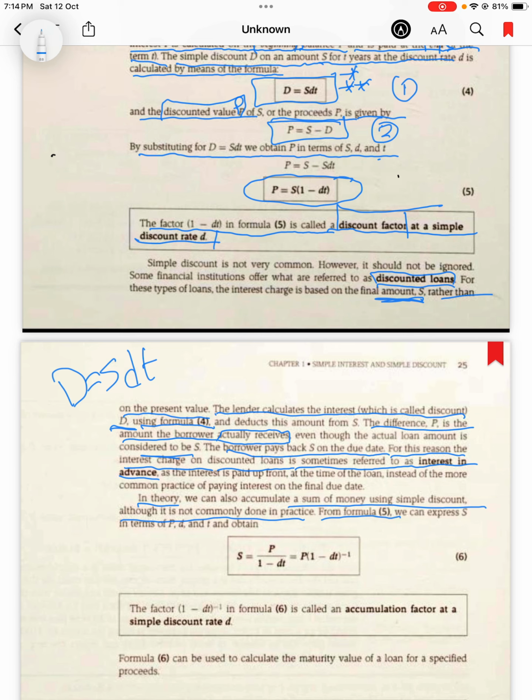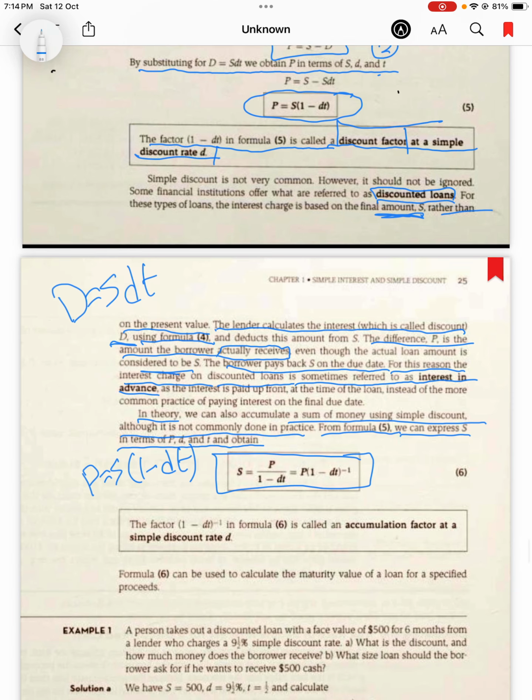From formula 5, we can express S in terms of B, d, and t. Since B equals S multiplied by 1 minus d t, if we want S, then we divide by 1 minus d t.